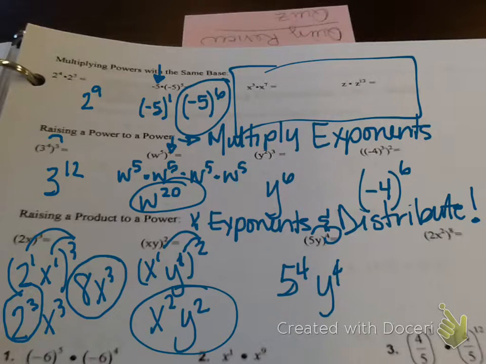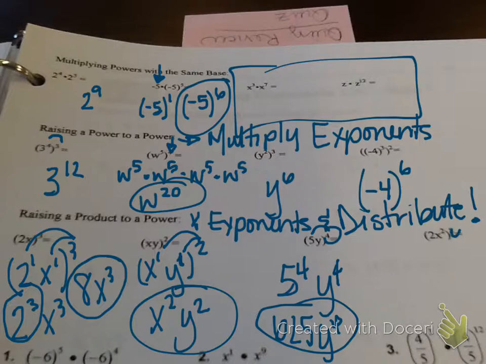And 5 to the 4th would be 25 times 25, which is, I believe, 625, y to the 4th. Somebody check my 25 times 25 math.